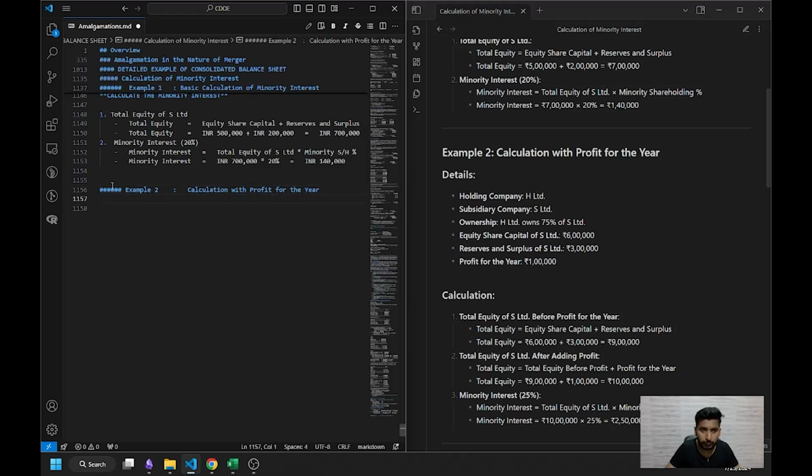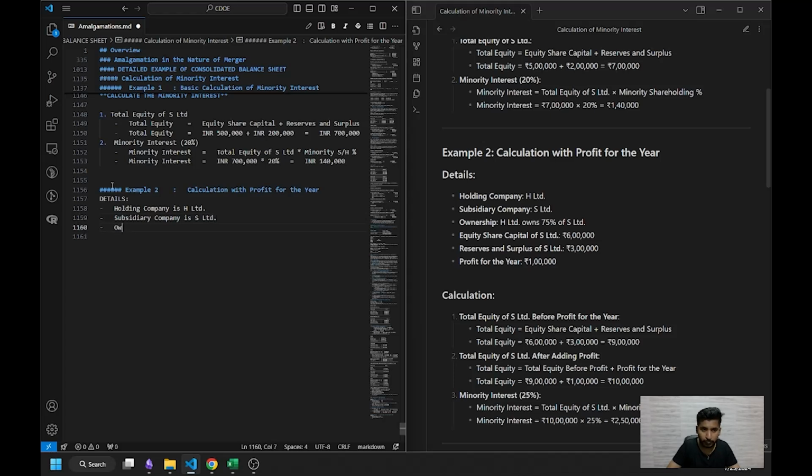We have given the details in here. What are the details? That the holding company is H Limited, subsidiary company is S Limited.